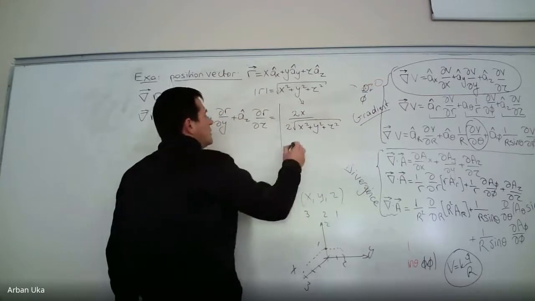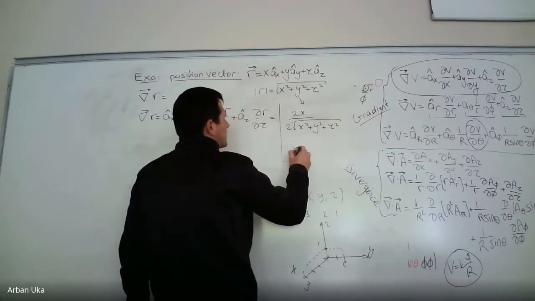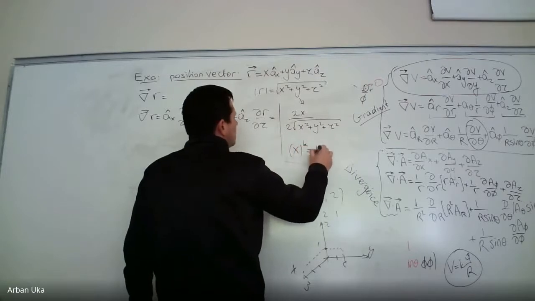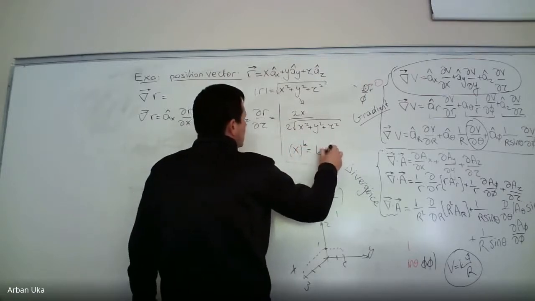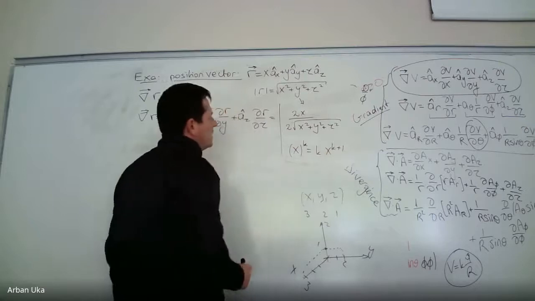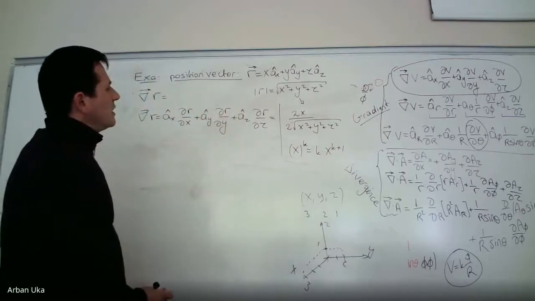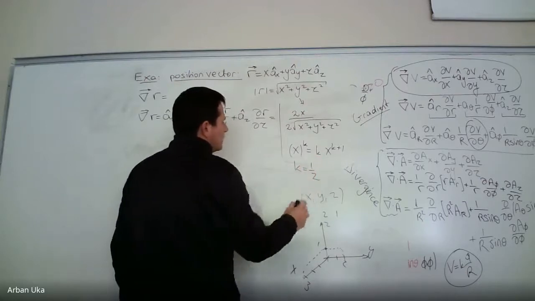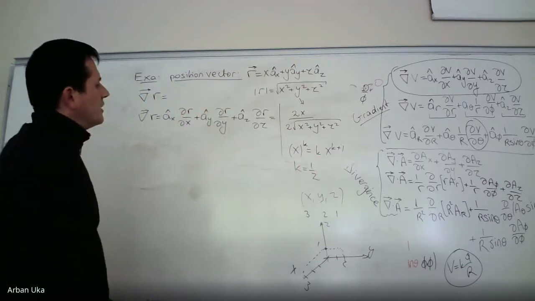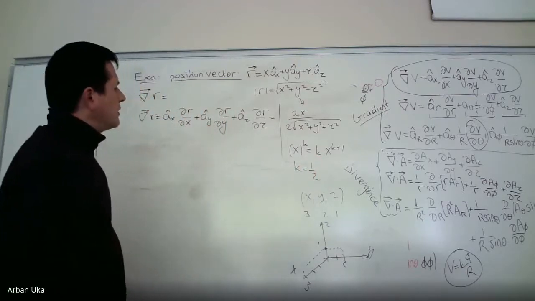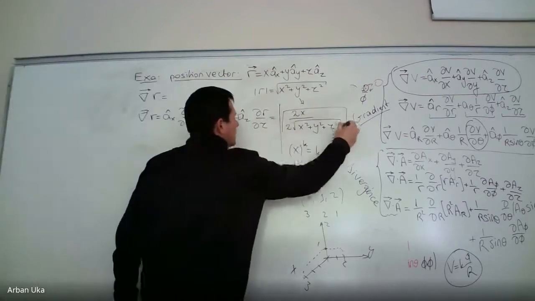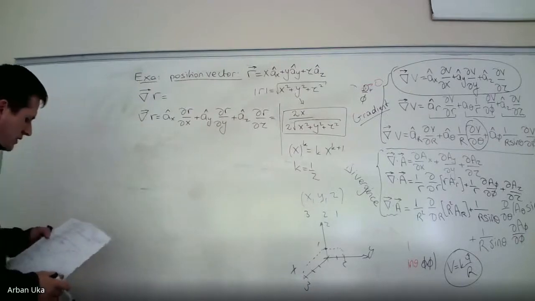Because we know the derivative of x to the power k is equal to k times x to the power k minus 1. In this case, k is equal to 1 over 2, right? So if k is equal to 1 over 2, then we should get these terms. So this is just the first derivative.